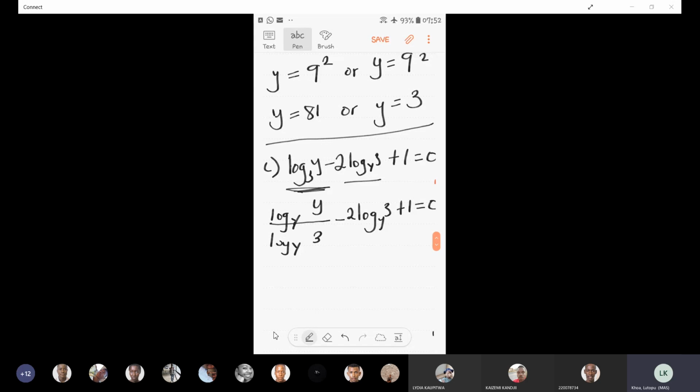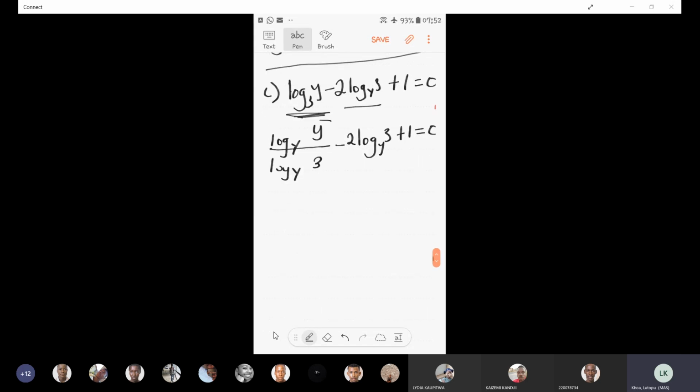Now in the numerator here, log base y of y is equal to 1, because log of anything to that same base is equal to 1. So I have 1 over log base y of 3 minus 2 log base y of 3 plus 1.